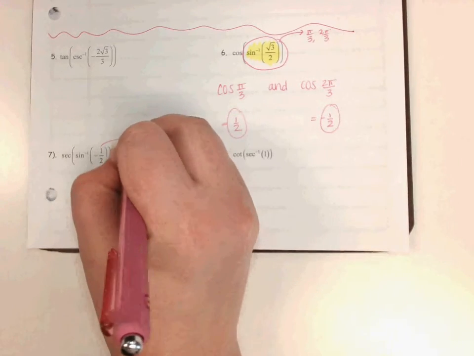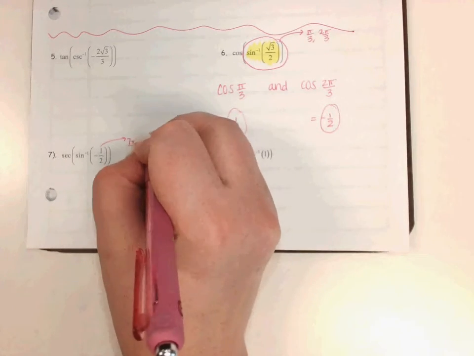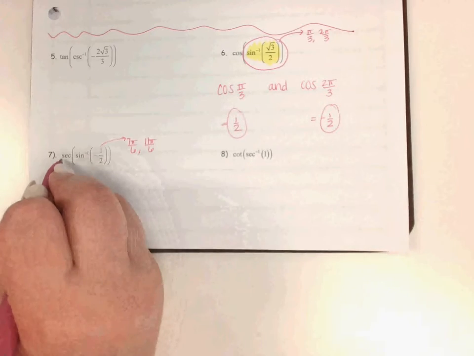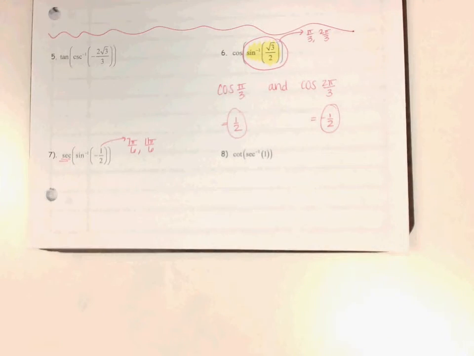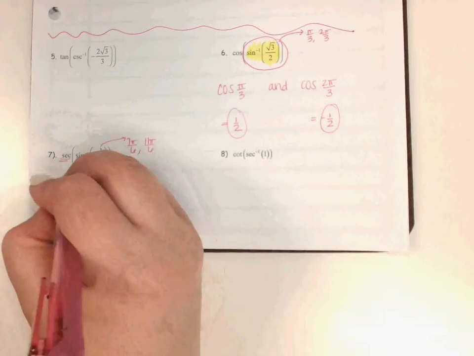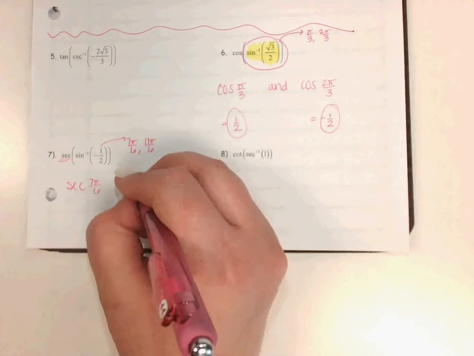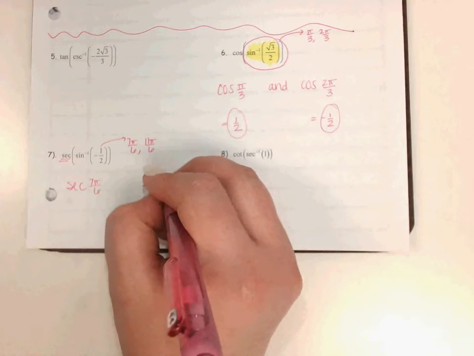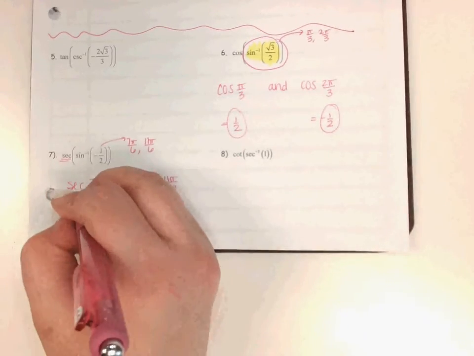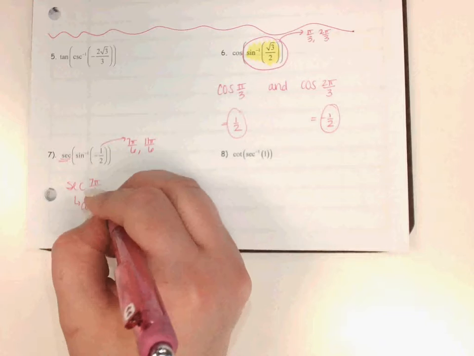And then what am I going to plug each of those values into? Well, this is, okay, secant, which is cosine flipped. Good. So I'm going to do the secant of 7 pi 6, and then I'm going to find the secant of 11 pi 6. And then remember, secant is going to be cosine flipped.